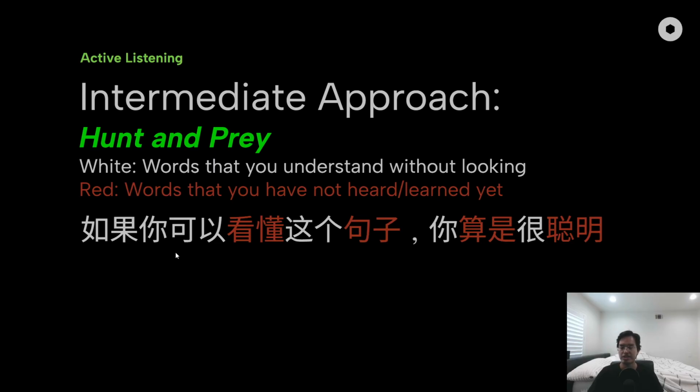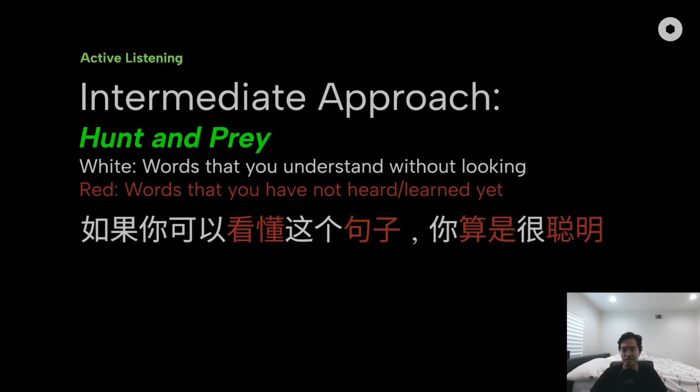In this quick sentence example, the white represents all the words you've heard before and can understand, but then you hear the rest, and some words you don't really understand. That's the red. These are words you have not heard or learned yet. Learned in this case means you heard it, translated it, and then rewound and kept hearing it over and over until your brain can acquire the language naturally.